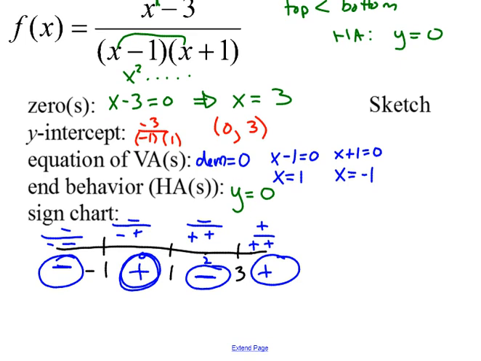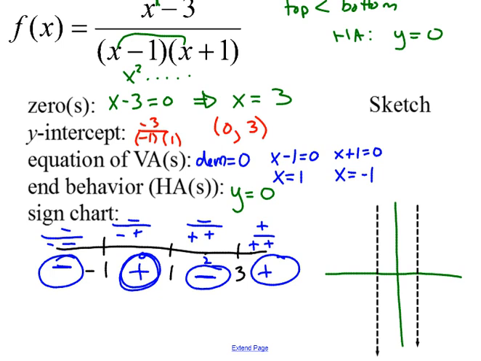I like to start with my vertical asymptotes. So I know that's going to happen at negative 1 and positive 1. Drawing some dashed lines. And I know my horizontal asymptote is y equals 0.